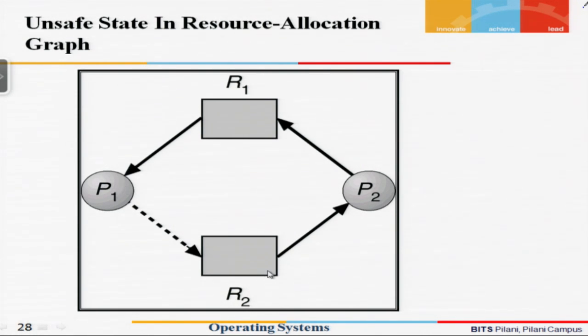So when we have multiple instances of the same resource, the resource allocation graph approach cannot be applied for deadlock avoidance. So we need to find an approach which will be valid for multiple instances of resources as well.